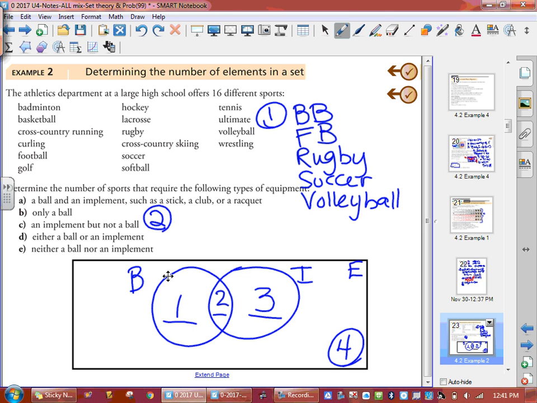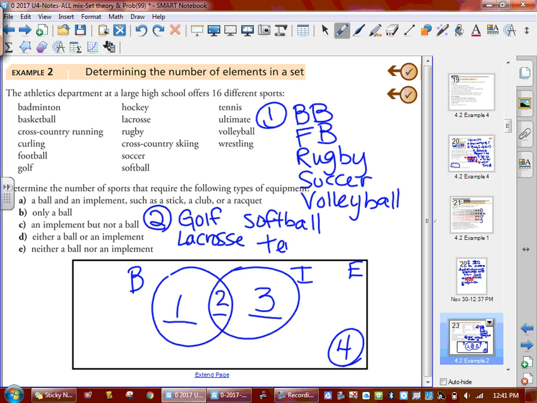Okay, so that's what you're going to have for region 2. Region 3, for implement only, is going to be badminton, curling, hockey, and cross-country skiing.